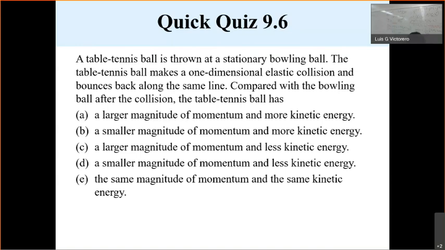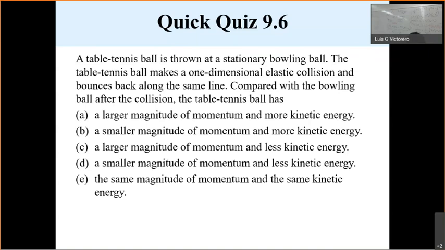Okay. The momentum of the tennis ball initial plus the momentum of the bowling ball initial is equal to the momentum of the tennis ball final plus the momentum of the bowling ball final. Right? Now, the bowling ball has zero momentum because it's stationary. So the table tennis gives some of the initial momentum to the bowling ball to move.